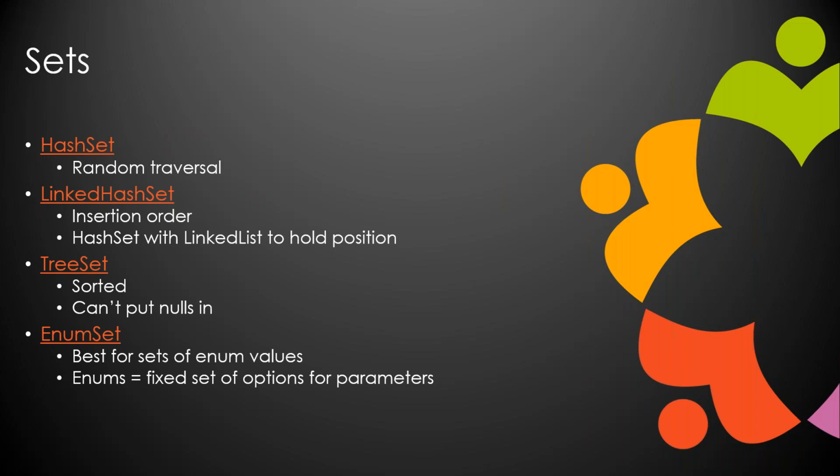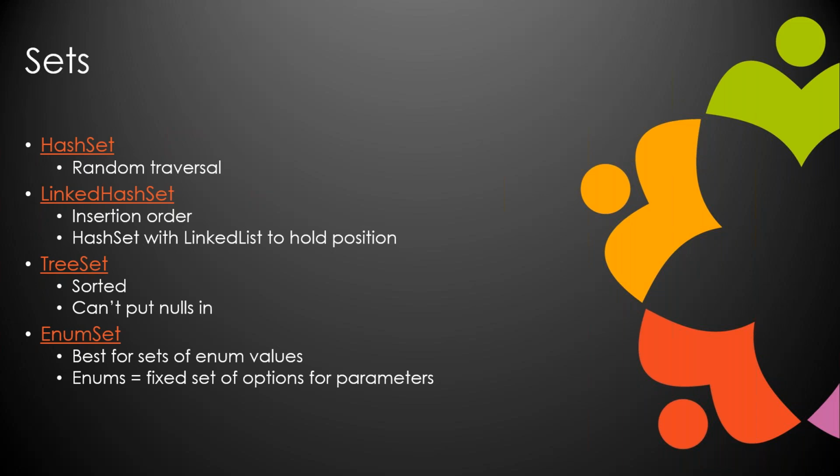LinkedHashSet is best for insertion order. It's basically a hash set with a linked list to hold what position each element is at, and so it's good for iterating over them in order.